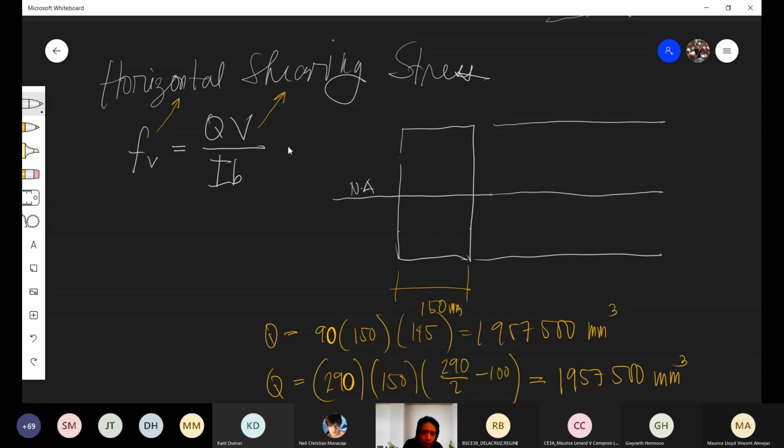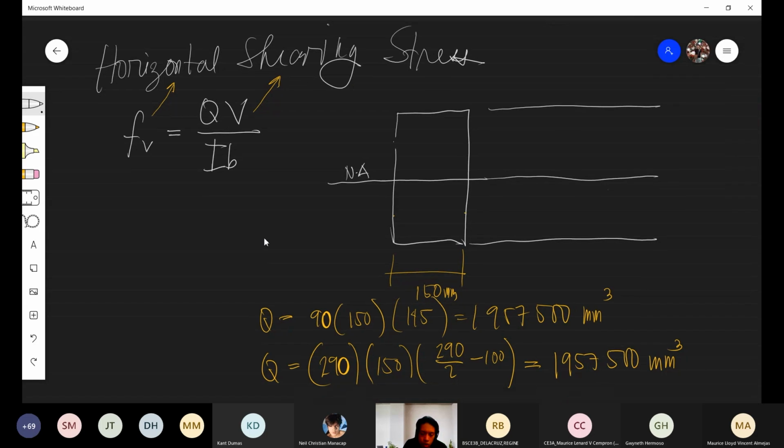It is only Q that varies, depending on which fiber we consider. Take note, since B is constant, your Q is a function of the vertical distance from the neutral axis.